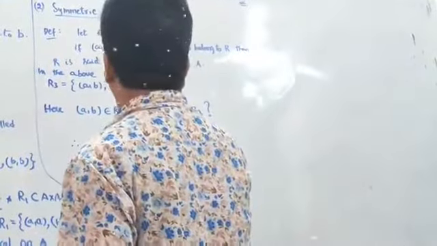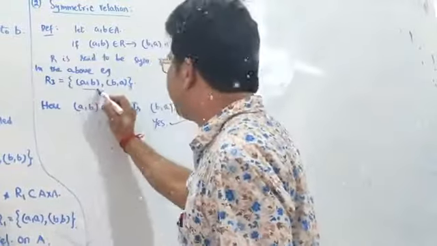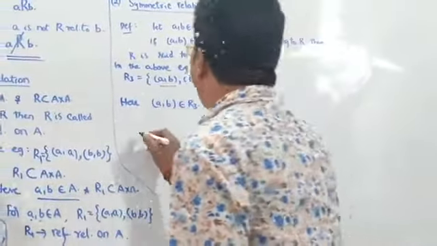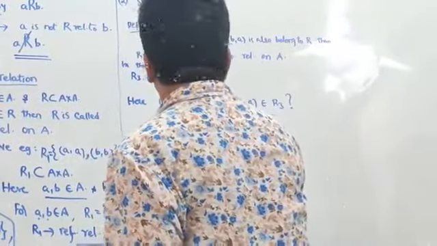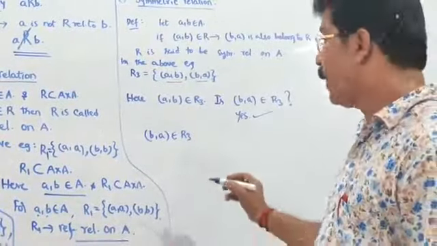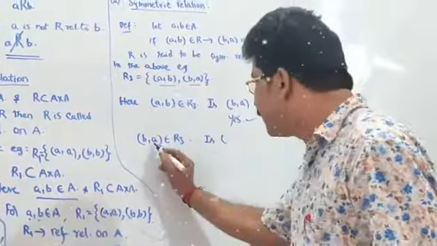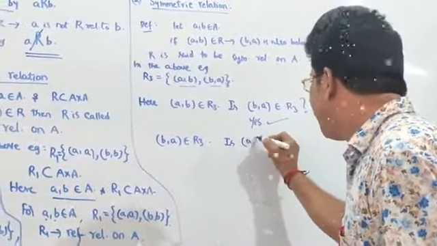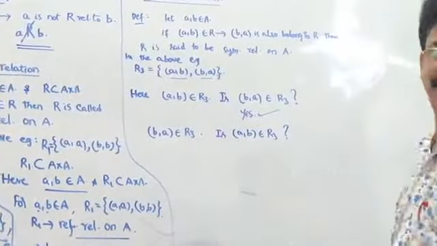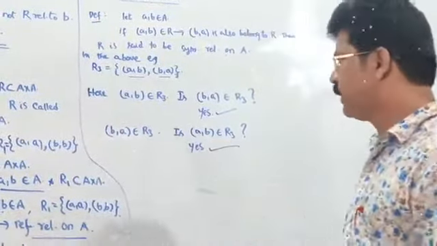This is the examination for the first element. Next, take another element. (B, A) already belongs to R3. Next question is reverse order. (A, B) belongs to R3. Your answer is yes.